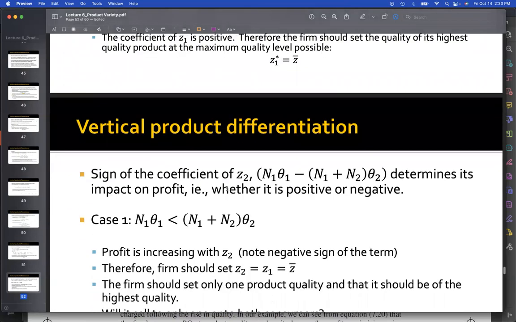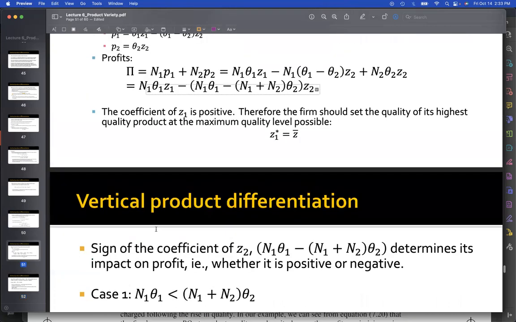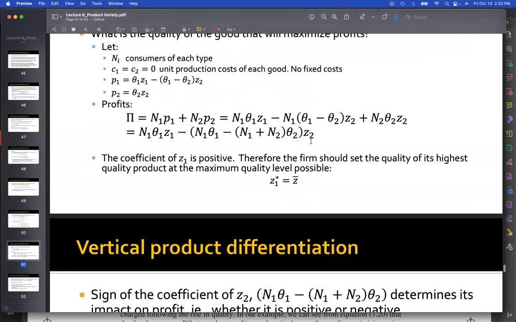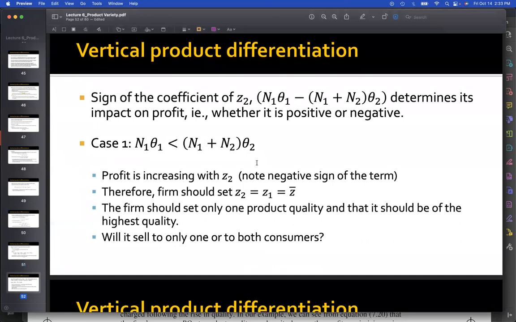Okay. Case one is when N1 theta 1 is less than the sum of both N's, number of customers, times theta 2. In which case, if that's negative, then the coefficient on Z2 is positive. So profit is increasing in Z2.